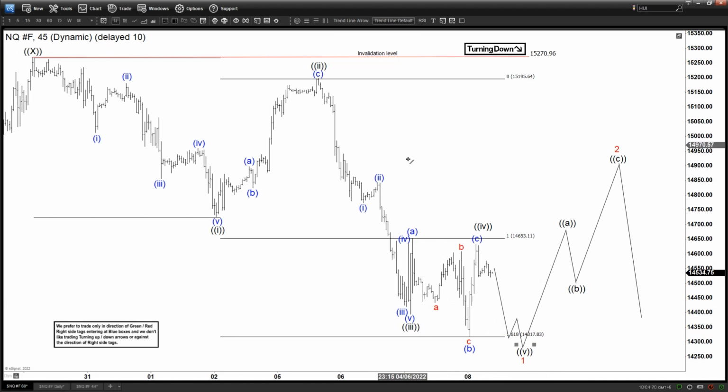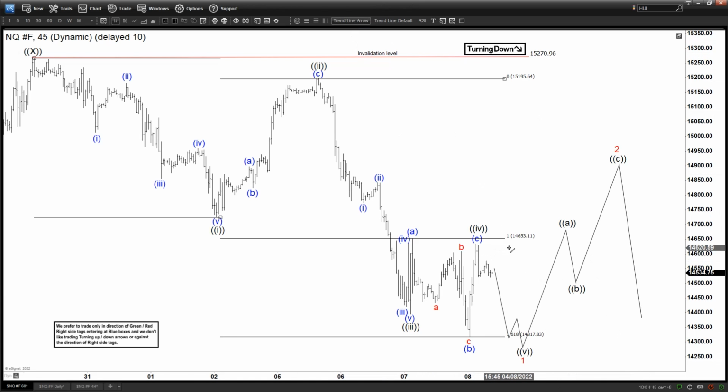Maybe we have to call 4 some sort of triangle here, to finish 4 somewhere here and then 5, right? So there are a couple of options in the very short term, but all the options imply the same conclusion: as long as we stay below 1570, we should be able to see more downside.